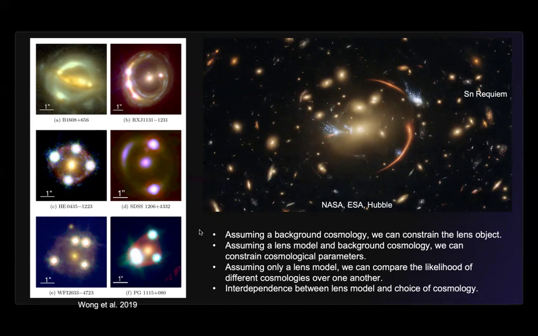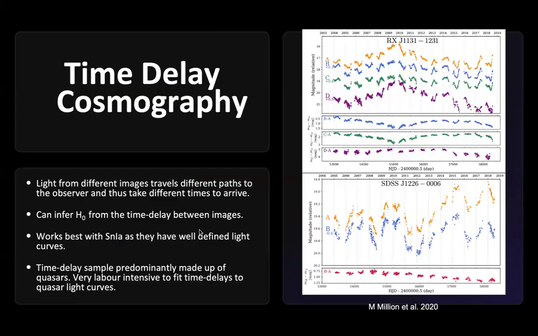Or finally, you can assume a lens model and then compare the likelihood of different cosmologies to one another, which is the main thrust of this talk. But the key takeaway is that the lens model and your choice of cosmology are interdependent. Whatever cosmology you choose will affect the parameters that your lens model spits out, and vice versa.